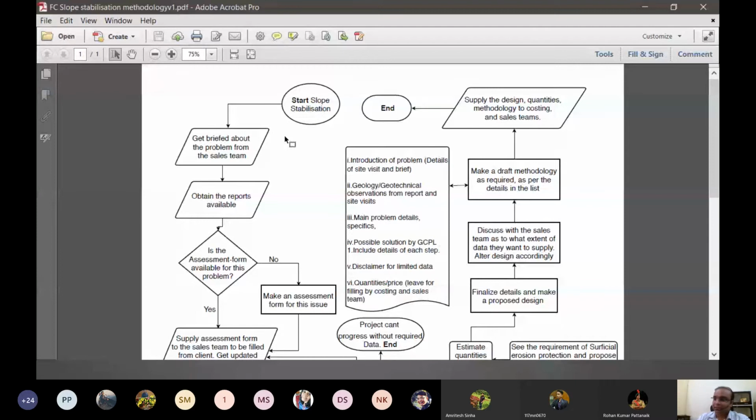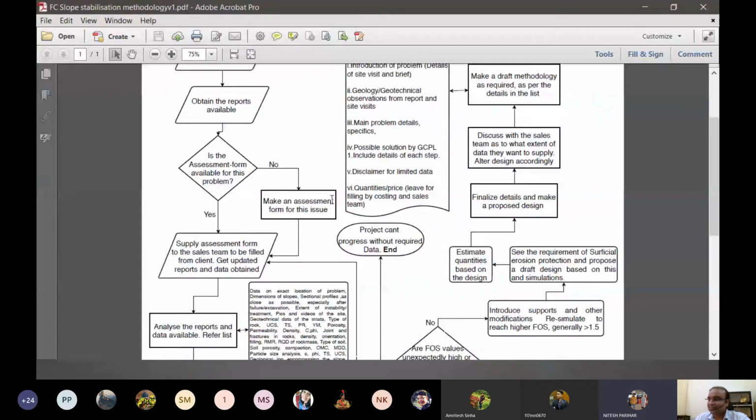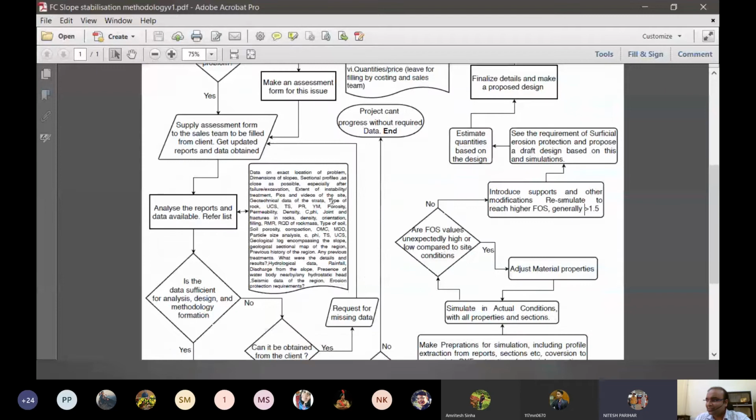Okay, any other thing? That was nice, Prabhu. Very good. Sir, hello. Yes. Sir, something that we can do is abbreviate the language. Yeah, exactly. Instead of "obtain the report available", we can write "report available". Right, right.